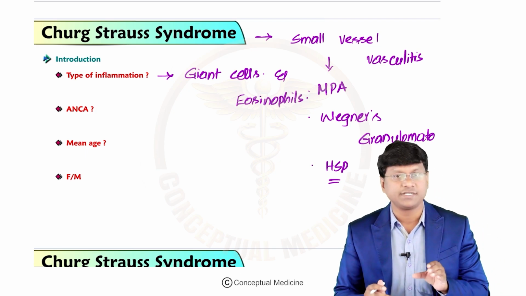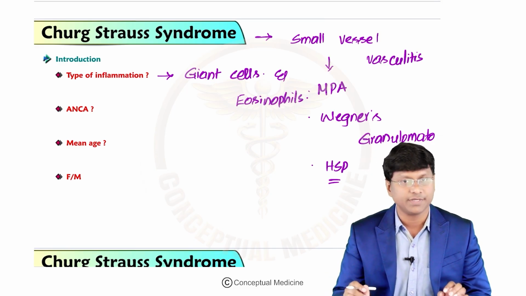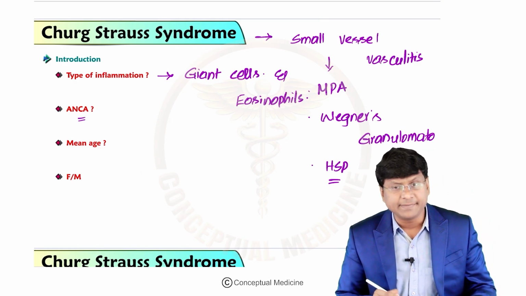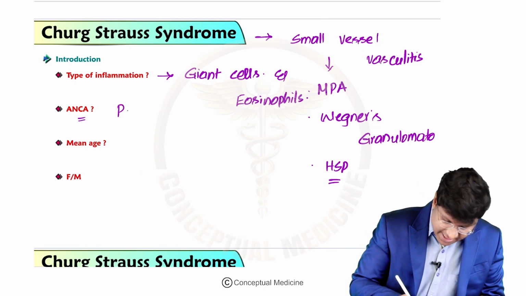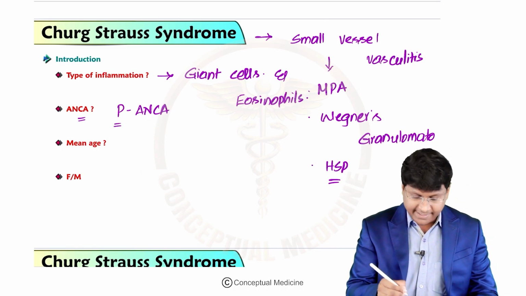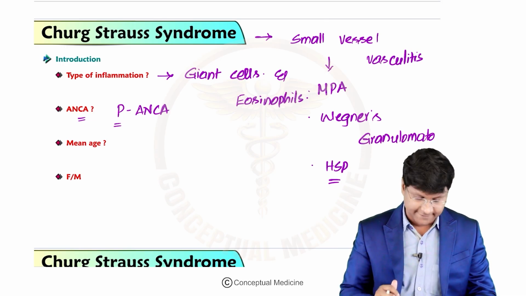So granulomatous inflammation means you have the presence of the giant cells. Next, it is ANCA associated. And what is the type of ANCA present in Churg-Strauss? It is P-ANCA, which stands for perinuclear anti-neutrophilic cytoplasmic antibody.